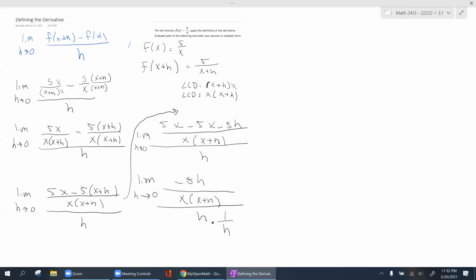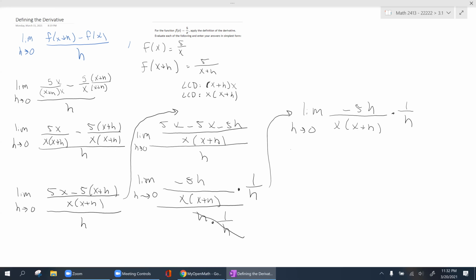And I know whatever I do to the bottom, I need to do to the top. So the bottom just cancels out, leaving me with the limit as h approaches 0 of negative 5h over x times x plus h times 1 over h.